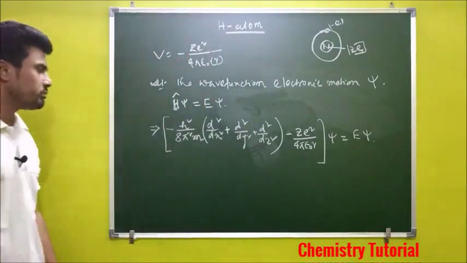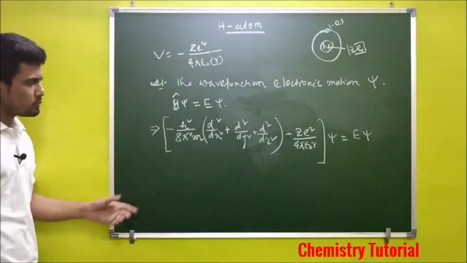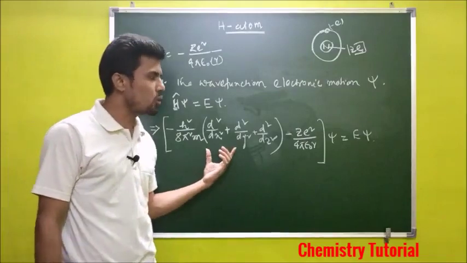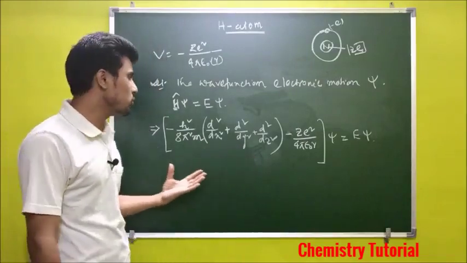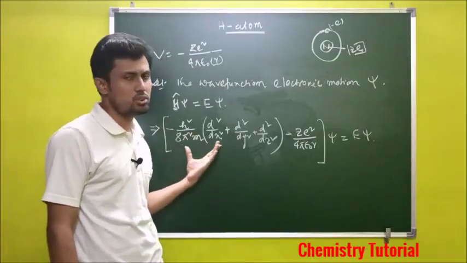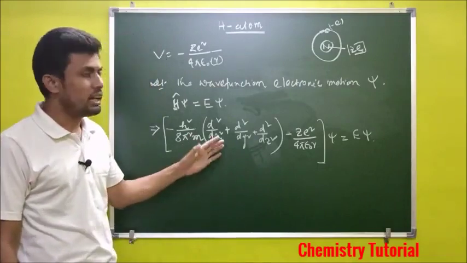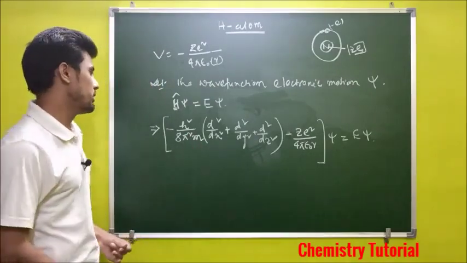Now what we will do is transform these Cartesian coordinates into polar coordinates. That is, we are going to express this Schrödinger equation of the hydrogen atom in terms of polar coordinates.